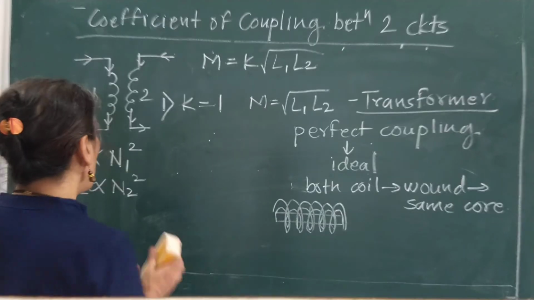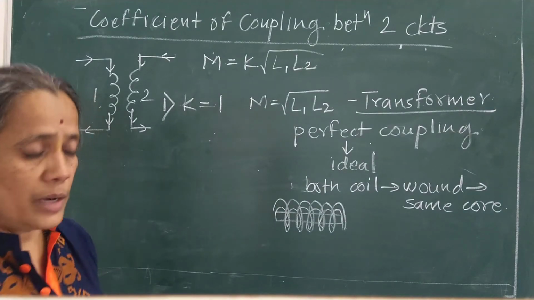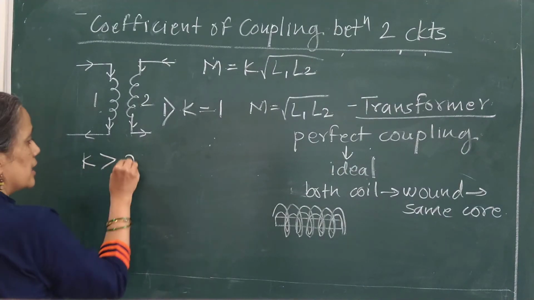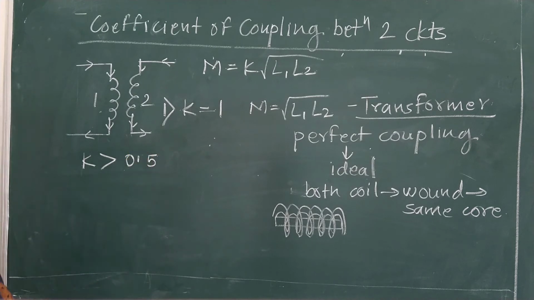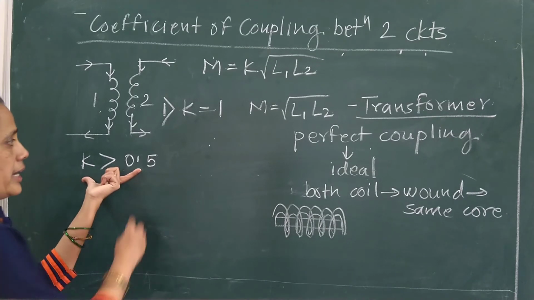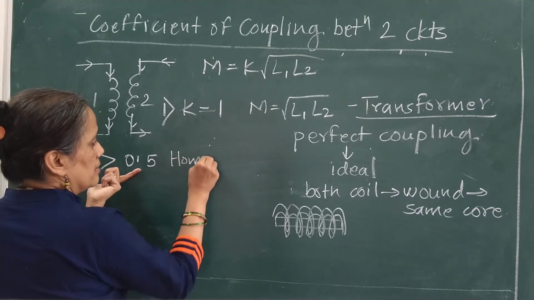This is one important ideal case. The second important case is if K value is greater than 0.5. This is possible only in case of home appliances.